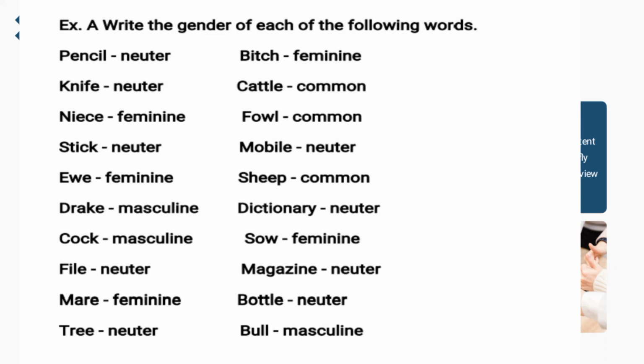Write full spelling. Write neatly. Take care of the writing. Take care of the spelling. These are the answers of exercise A. I hope you have noted down now. So shall we move forward to the exercise B?